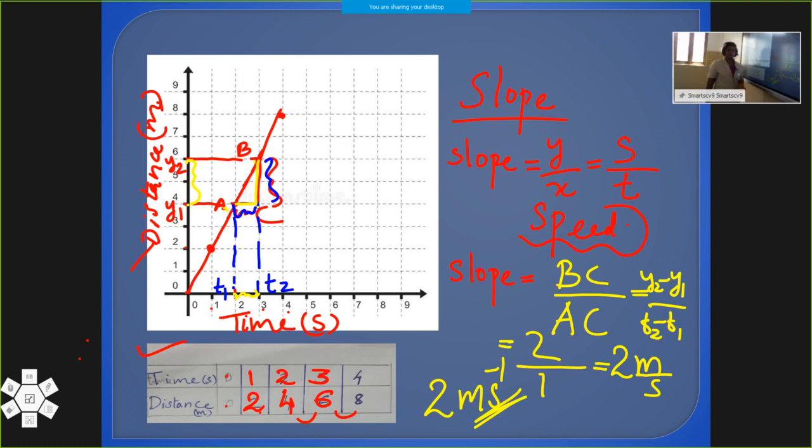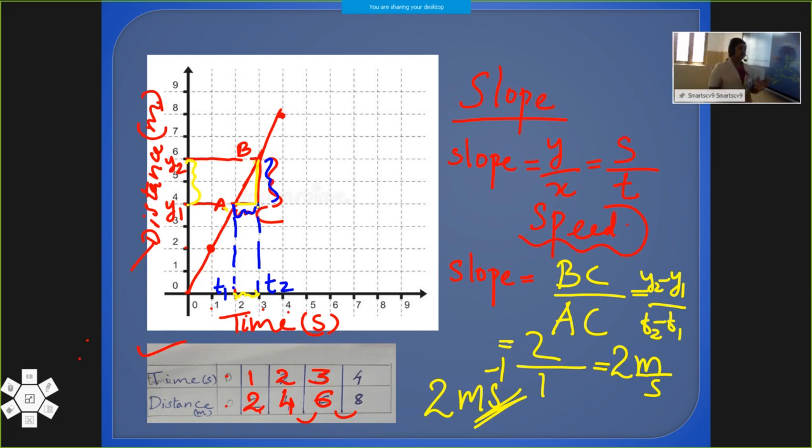So, for calculating speed from a distance time graph, you have to take the slope. How will you take the slope? You have to mark two points anywhere on that graph and join using straight lines so that the lines meet at a point. Then you will get a right angle triangle, and slope is equal to y by x, that is y2 minus y1 by x2 minus x1.